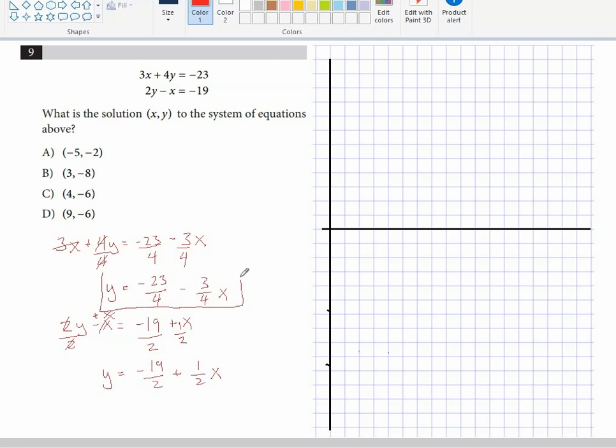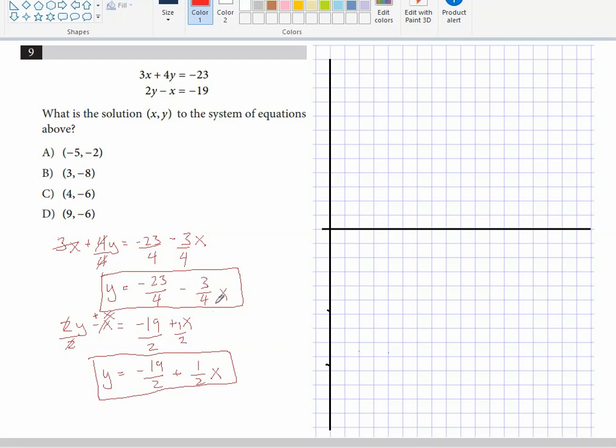Now, looking at these two equations, hopefully you'll recognize that the number is the intercept. Negative 23/4, which is negative 5 3/4, marked here, and negative 19 halves, which is negative 19 1/2, marked here. And over here, you have the slope.